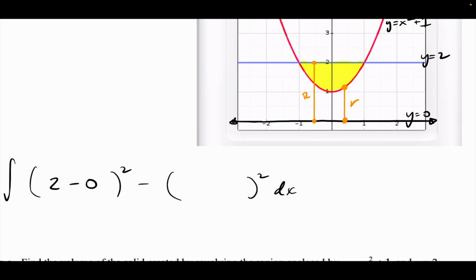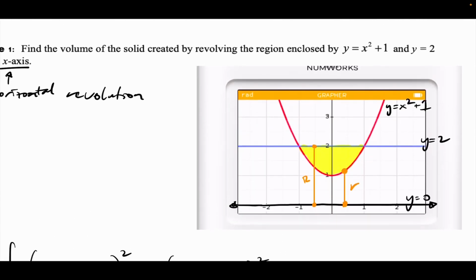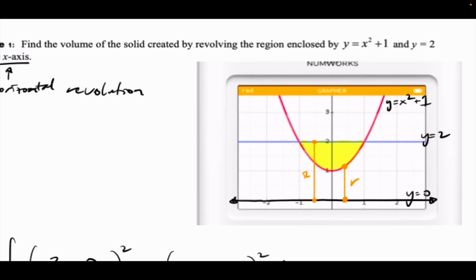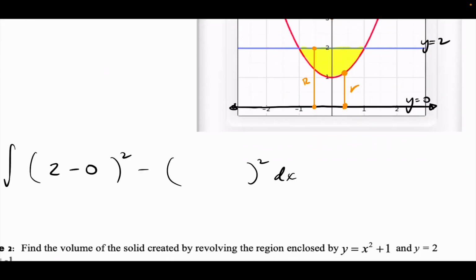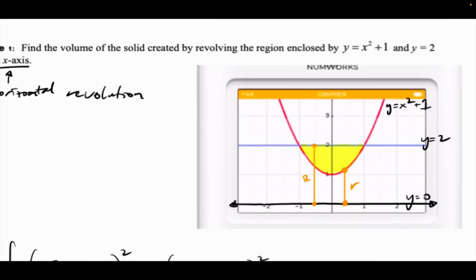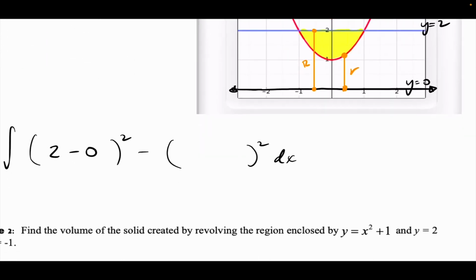That's little r. So that one, the red, is y equals x squared plus 1, minus the black, which is y equals 0. So x squared plus 1 minus 0.